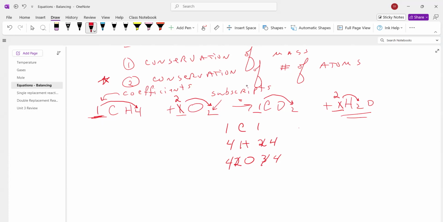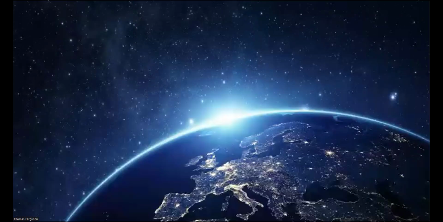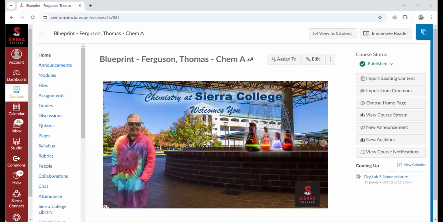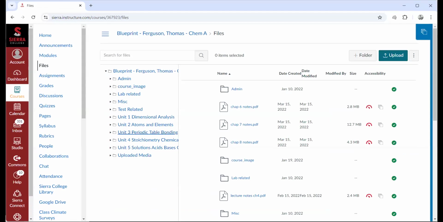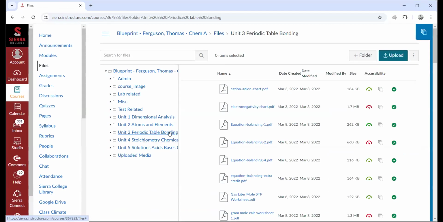Now, for your next test, I have an extra credit problem for you. Let me just show you where to find that. Since you have a whole week off and you'd like to try this, I'm going to go to Canvas Files, like always. By the way, I've got lots of worksheets for you on practicing balancing equations.